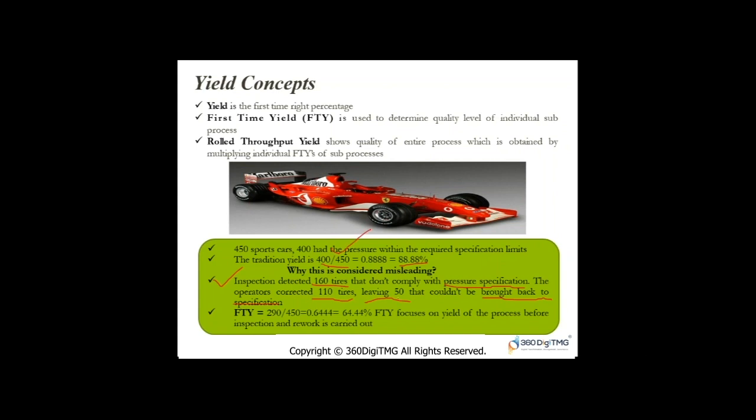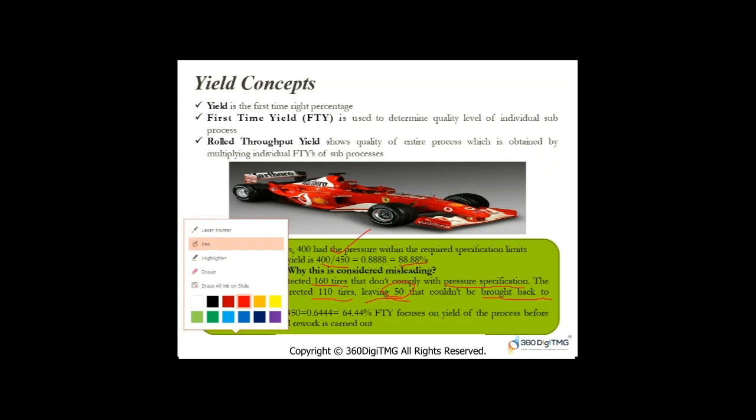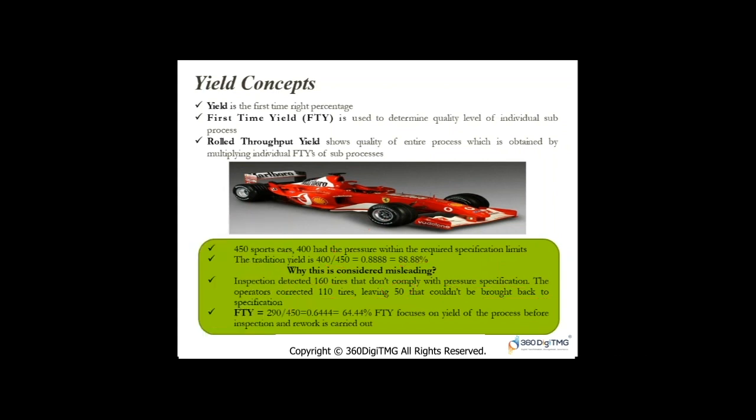You were looking into only this 50, the final result. Who is going to consider the entire number of tires which were outside your specification? So if I subtract 160 from 450, I would get 290. If I divide by 450, which is the total count, I would get the first time yield as 64.44%.